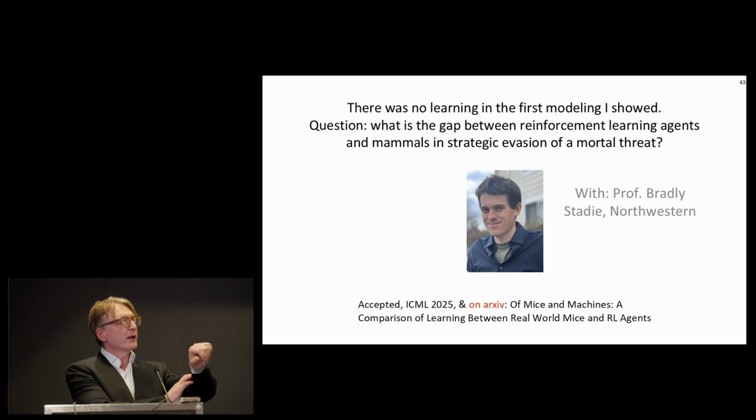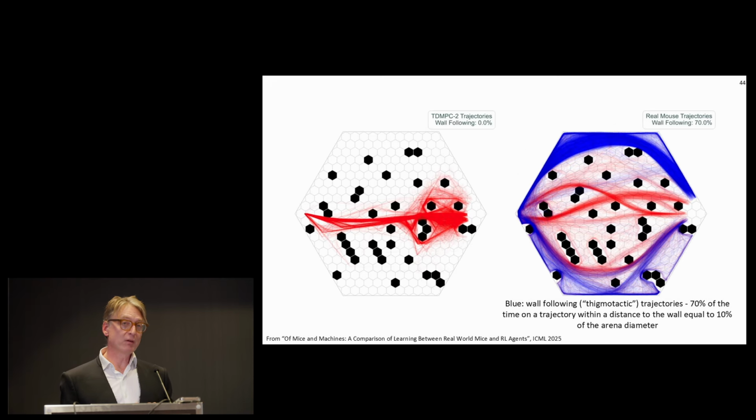So I'm going to have to skip some new reinforcement learning work, but just give you the headline of it, which was we did some comparison between the mouse behavior and a reinforcement learning agent controlled by state-of-the-art algorithm, TDMPC2, and you can see that it does very, very different trajectories.